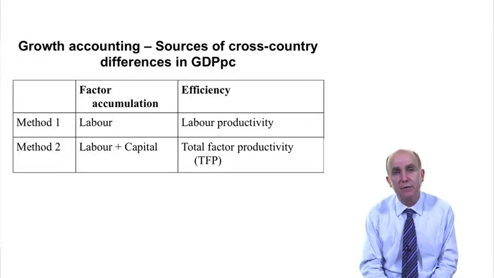In that case, the efficiency measure then becomes labour productivity. So, in other words, we can say countries could differ because they're applying different amounts of labour, or they could differ because they differ in the productivity of labour.